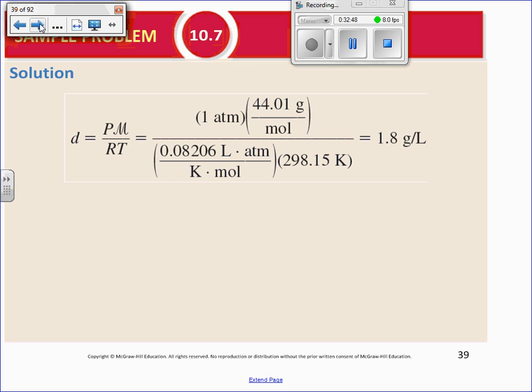So you could have also used the ideal gas equation that said PV equals nRT, and V is equal to nRT over P, and T would have been the room temperature, and that would give you the volume in liters. And for 1 mole, it was 44 grams per liter. You just divided the molar mass by the volume and got the same answer.